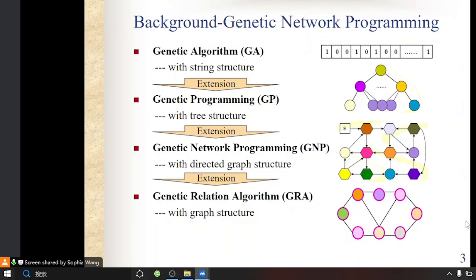When I was in Japan, my supervisor, who is Japanese, proposed genetic network programming. Of course, this belongs to the computer science field, and he proposed this method 15 years ago.